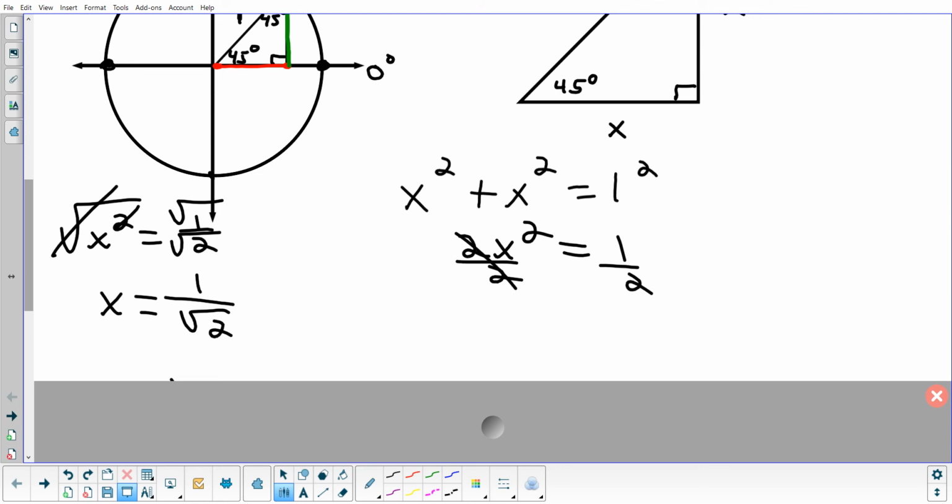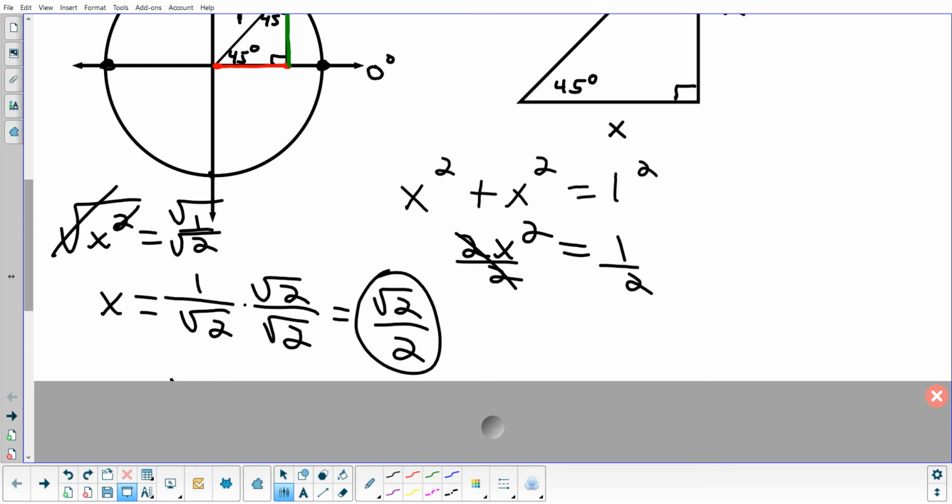And this will give me my final answer. Multiply by the square root of 2 over the square root of 2. And what do you get? You get the square root of 2 over 2.